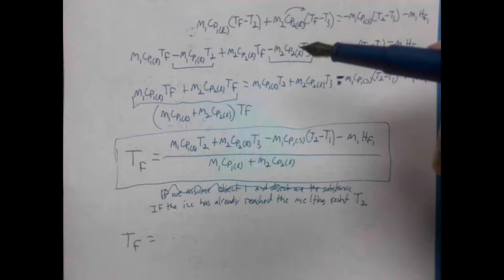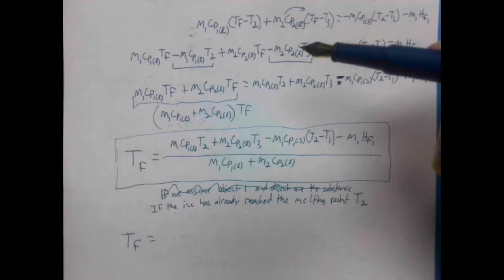What does every single term in this equation have except for one? The liquid? Yeah, CPL. So if I divide this by 1 over CPL and 1 over CPL, this is 1, right? Anything divided by itself is 1, so if I multiply it by this, it can simplify down to M1 T2 plus M2 CP, not CP.